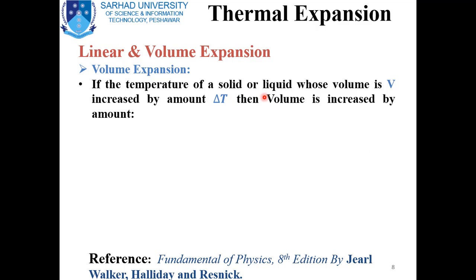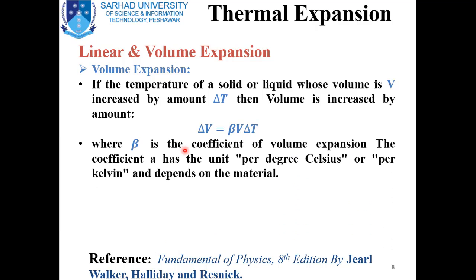So if the temperature of the solid or a liquid whose volume is V is increased by amount delta T, then the volume is increased by amount delta V, which is equal to beta times initial volume multiplied by change in the temperature, where beta is known as the volume expansion coefficient, which has the unit per degree Celsius or per Kelvin, and it depends upon the material of the object.